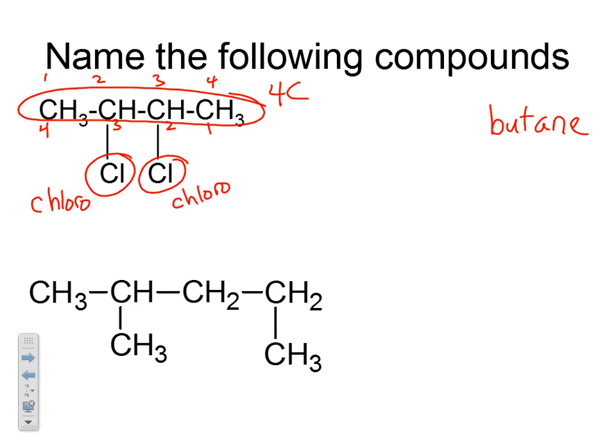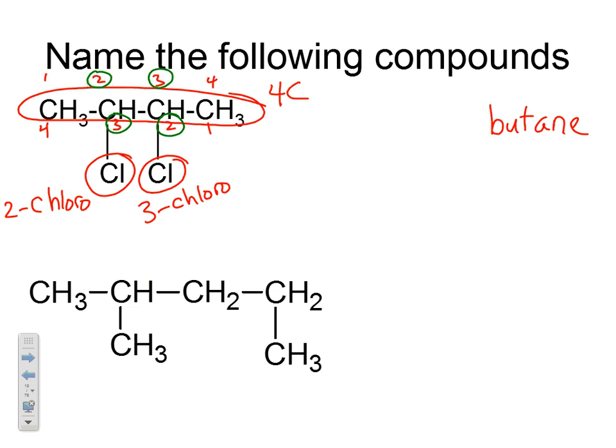Now in this case, notice it actually doesn't matter if I number it right to left or left to right, because in each case I have a chloro on the number 2 and the number 3 carbon. So in this case it actually doesn't matter because we wind up getting the substituents on the same numbered carbons either way. So I want to add to my name, so this is not just chloro, this is 2-chloro, and this is not just chloro, this is 3-chloro if I'm going with the left to right numbering.